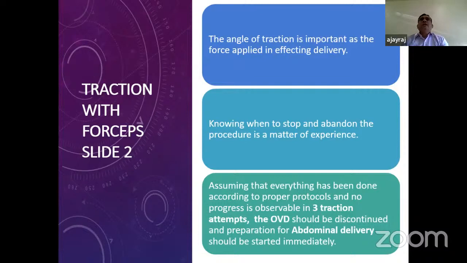Rather, I would like to say that you should perform the operative vaginal delivery with all the necessary preparation for cesarean delivery. Anesthesia should be ready, and the attempt should be performed in the OT itself. If your 3 attempts fail, then you can immediately start the cesarean section.